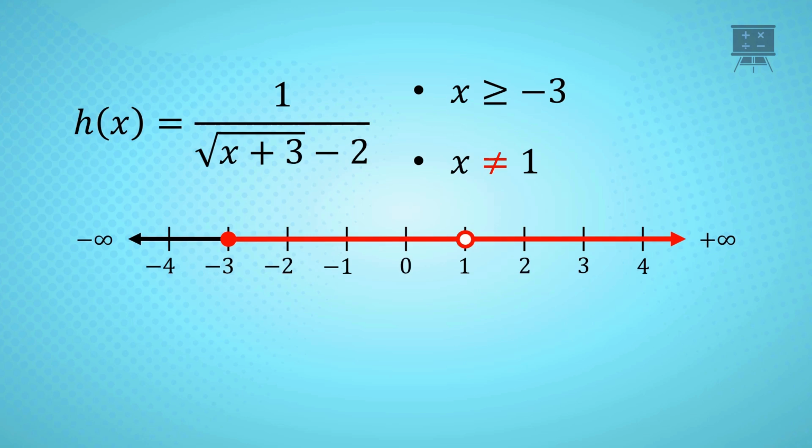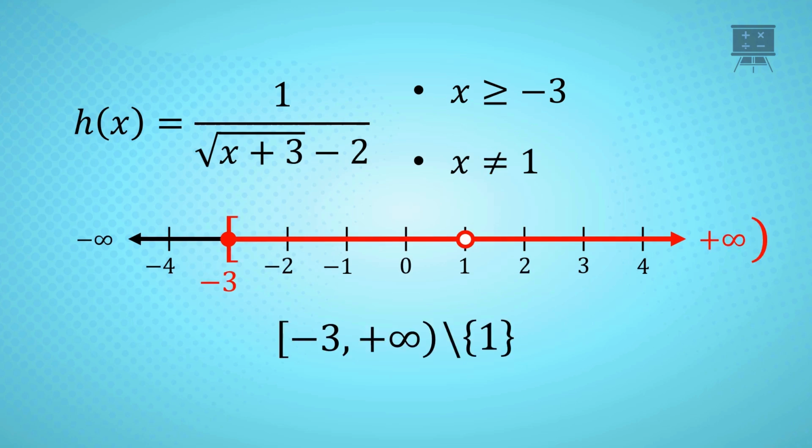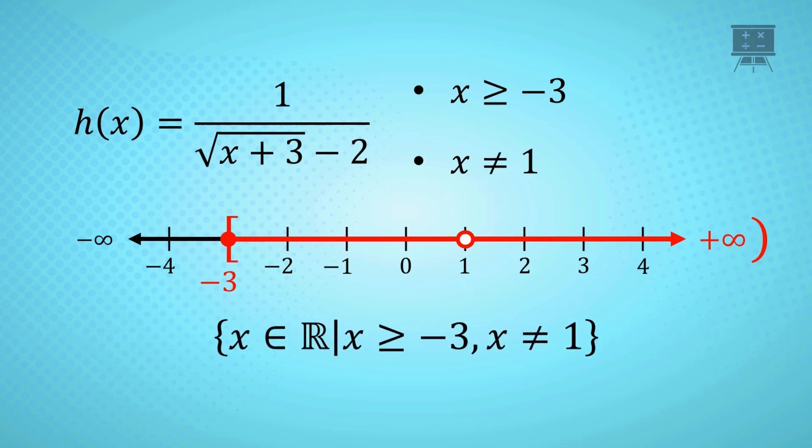We can express the domain as [-3, positive infinity) excluding the singleton 1, or using set builder notation, the set of all real numbers greater than or equal to -3 and not equal to 1.